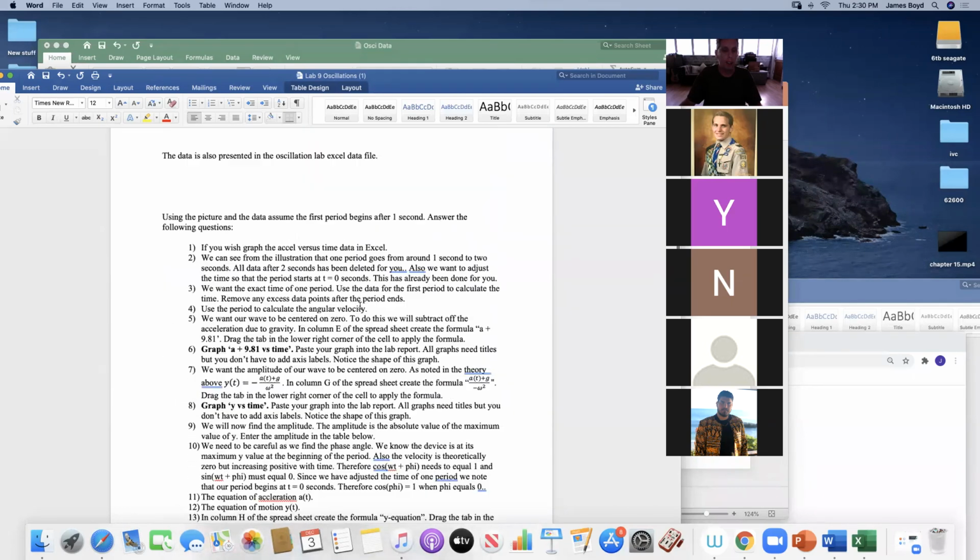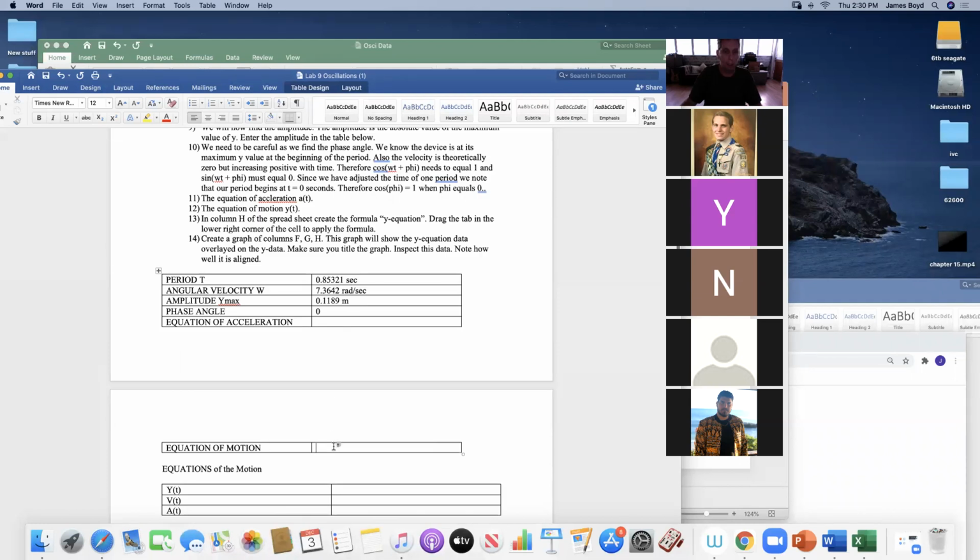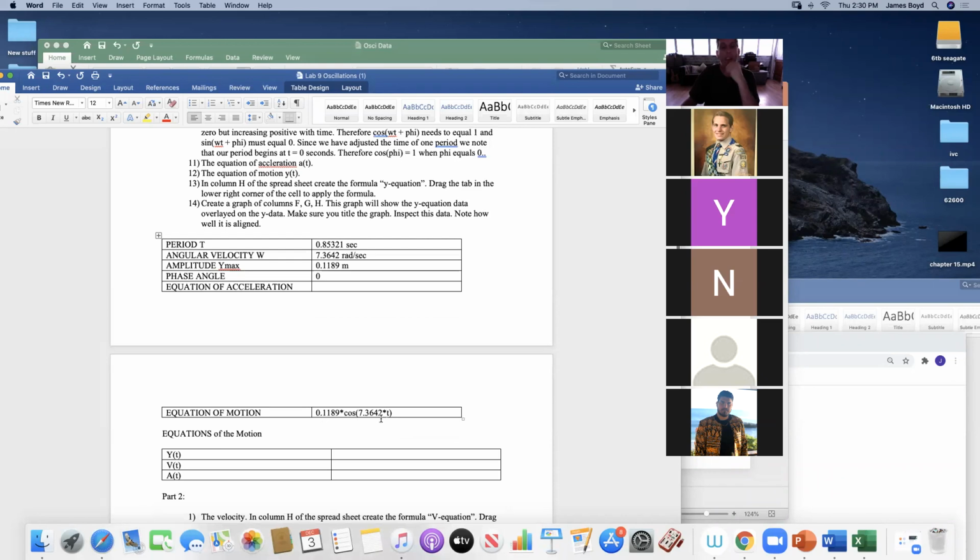So what we get here for our equation is y max, 0.1189, times cosine of omega t, which we said was 7.364 times t. That is our equation of motion at any time.